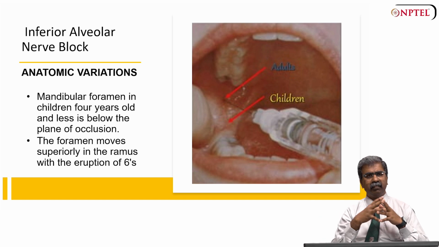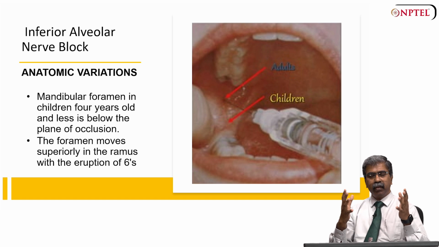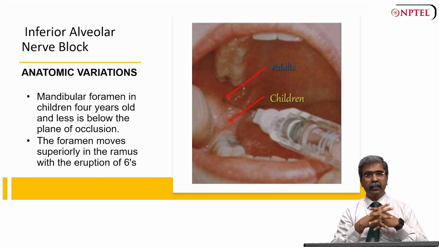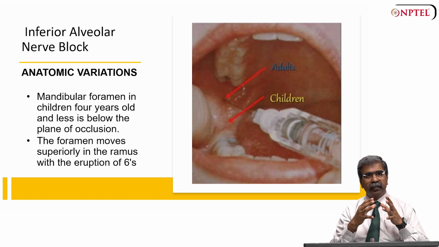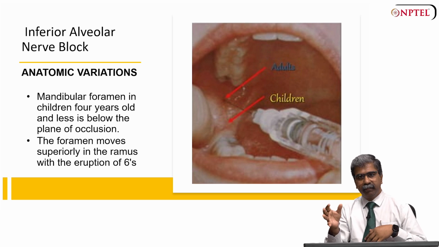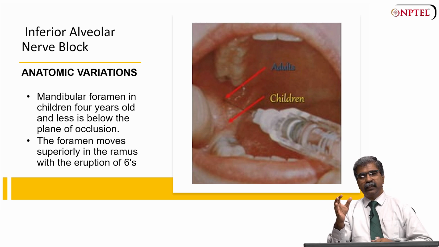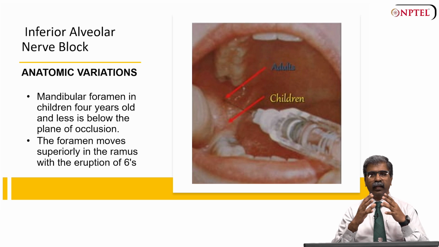What if there are anatomic variations? It is not very common, but 15 to 20% of individuals can have anatomic variations. So what if it's a child? It's not the same as giving a block in an adult.